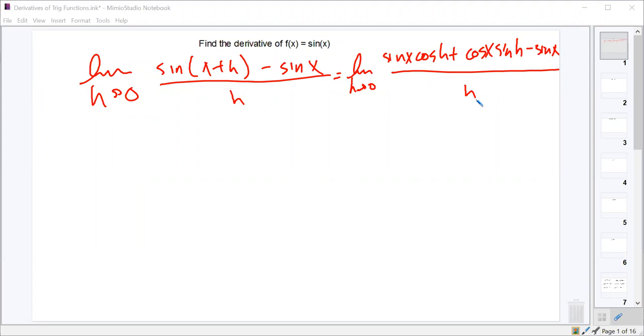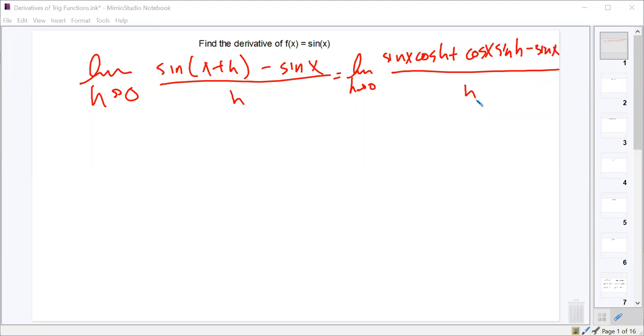So what can we do with this now? Should we plug in h equals 0? If we plug in h equals 0, what do we get? Still 0 over 0, I think.